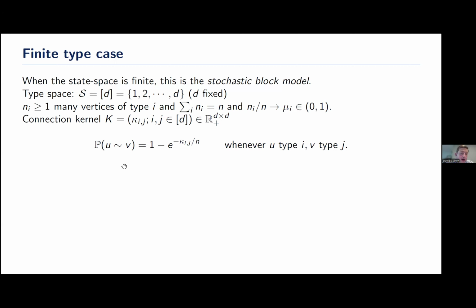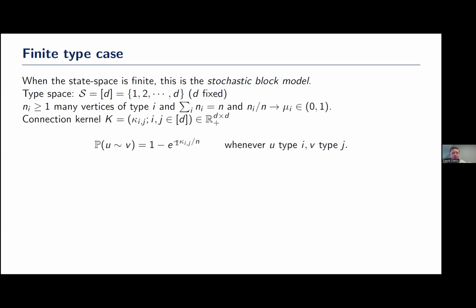And instead of having this general kernel, we can just write the kernel as a d by d matrix, because we have d types. And then the probability that a vertex u is connected to a vertex v is just 1 minus e to the minus kappa_ij over n.